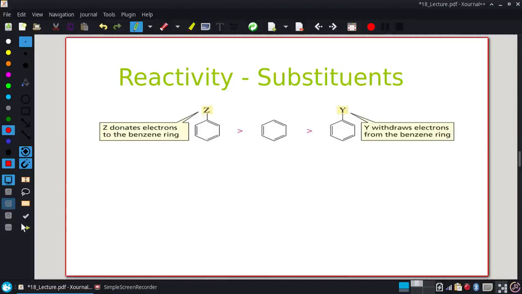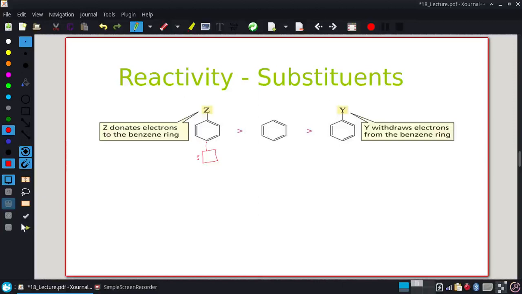However, we do have groups that we could attach to the ring that would actually donate electrons into the ring. Anything with, say, a lone pair of electrons directly on it, those electrons could get donated into the ring. That makes that ring more nucleophilic, and it speeds up the reaction.